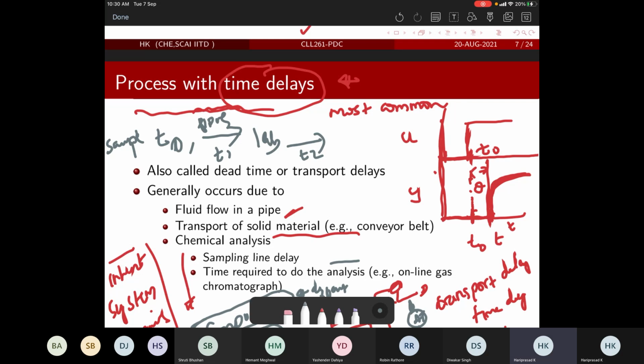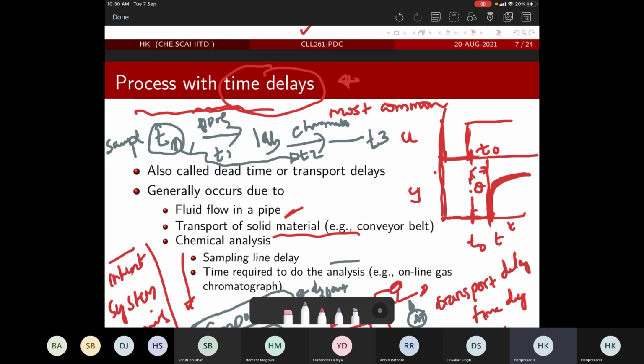You started feeding into the chromatograph maybe. So this is your chromatograph. Then you got the results at T3. So you see from T0 to T2, your sample kept idle. You don't know what has happened. And it is not at the source also.